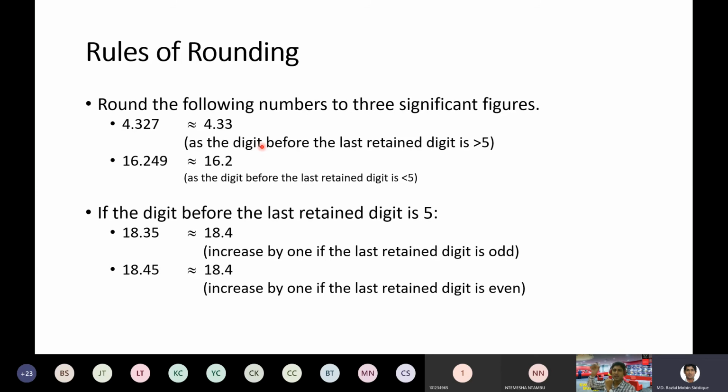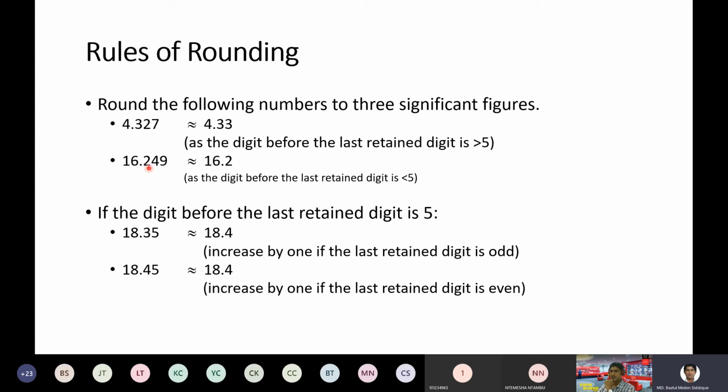Round off means we can jump to the next digit, or we can retreat to the previous digit. So here we see 4.327, since 7 is bigger than 5, the 2 is converted to 3.